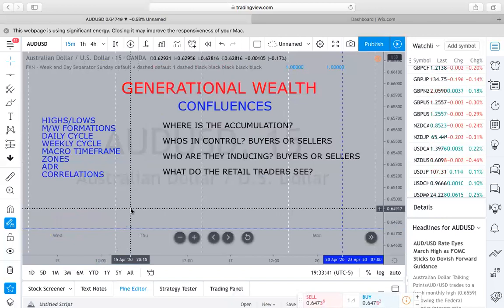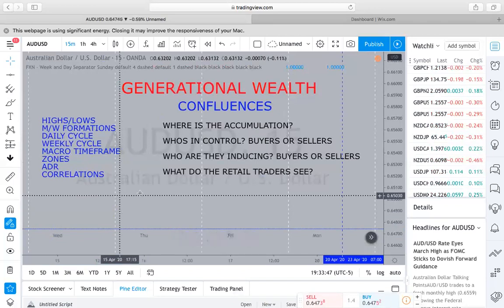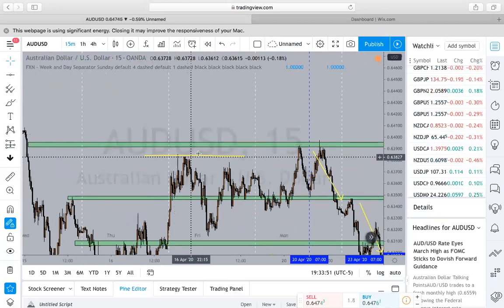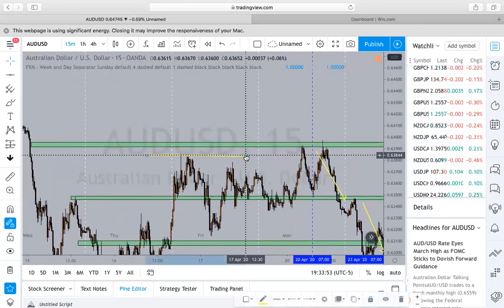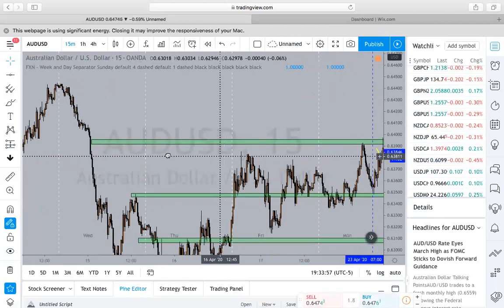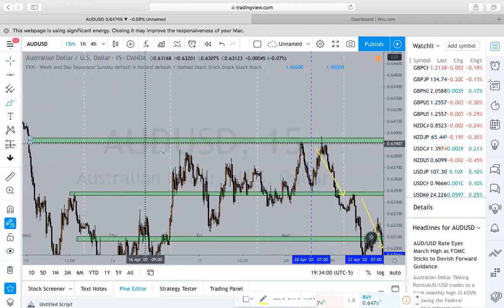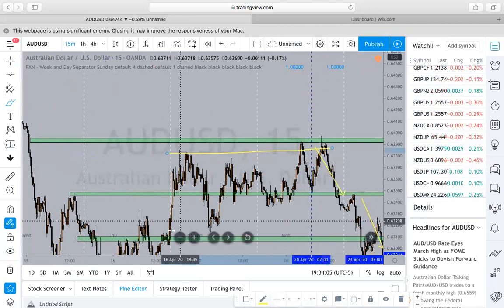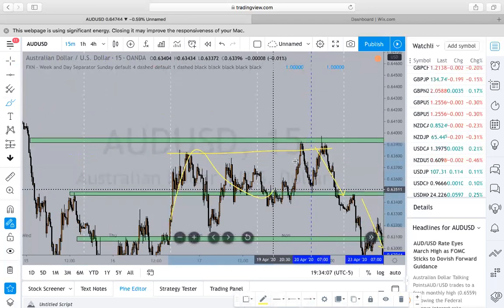So that inducing is where your stop hunt comes into play, where price tends to stop hunt the previous. Just like here, it stop hunted the previous. It made a high here. Next day, it stop hunted that high, as well as we see a macro and we see a micro inside the macro.